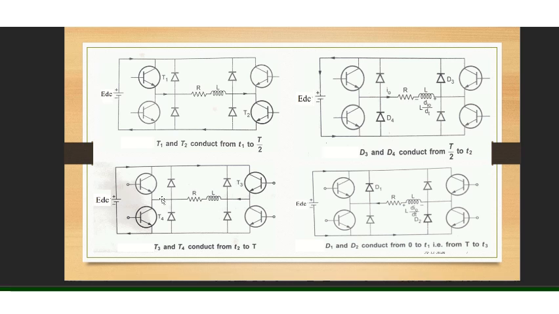So it has to dissipate its energy, causing D1 and D2 to get forward biased. The current will be flowing in this direction. D1 will be forward biased, so the energy will be fed back to the supply via D2, in this fashion. So that is how the single phase bridge inverter works for RL load.